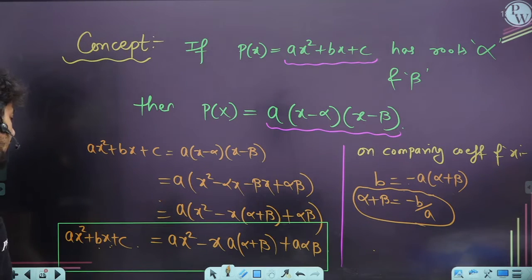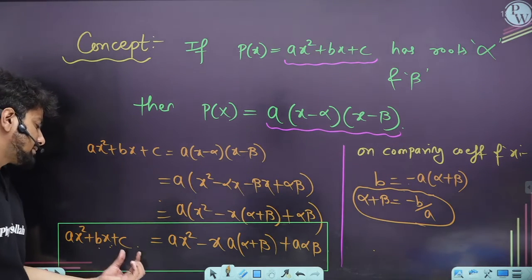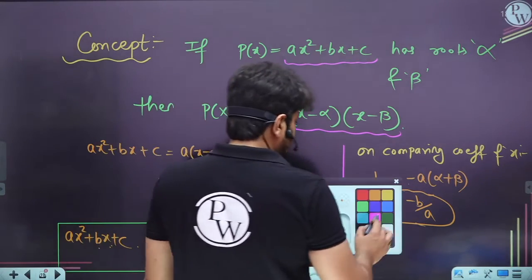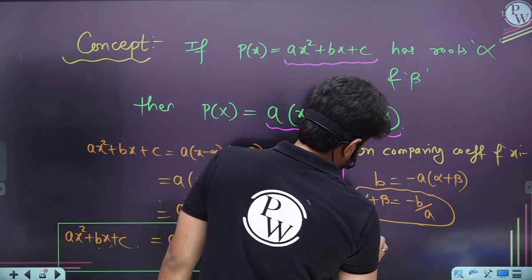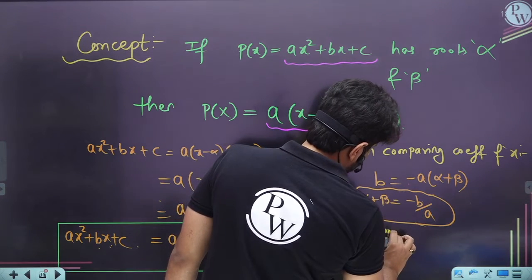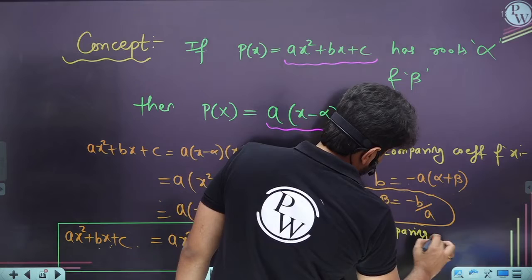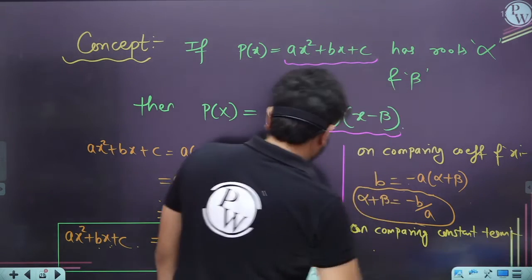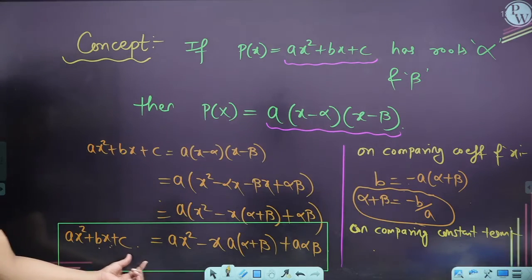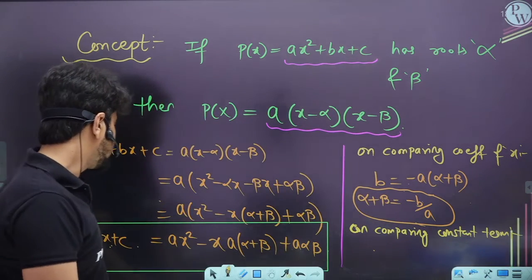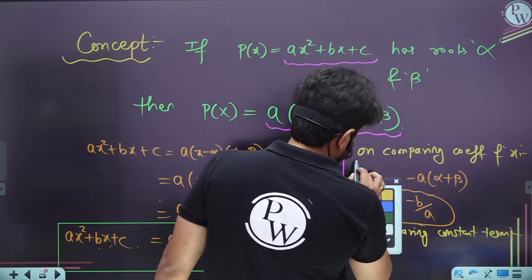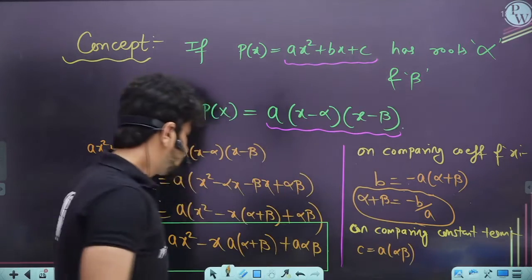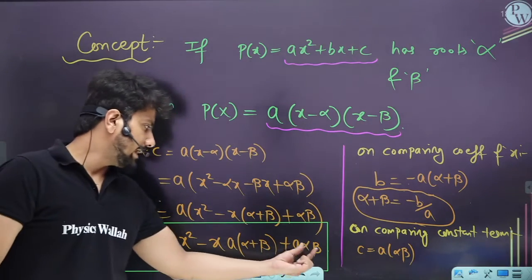If I compare the constant term, we have plus c as the constant term on the left, and on the right the constant term is a times alpha beta. So on comparing the constant term, c is equal to a times alpha beta.